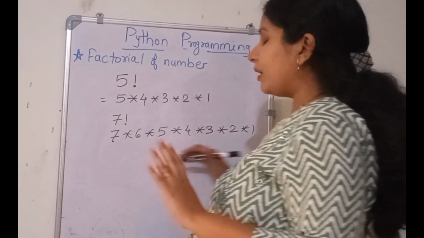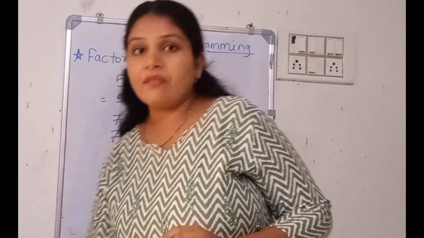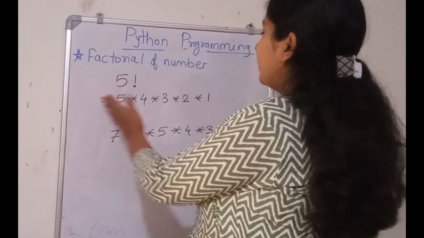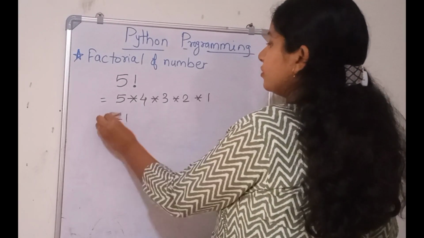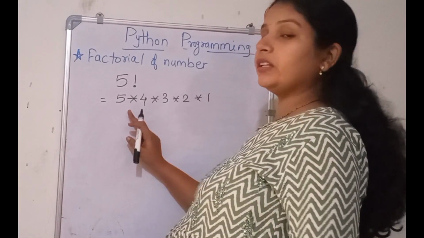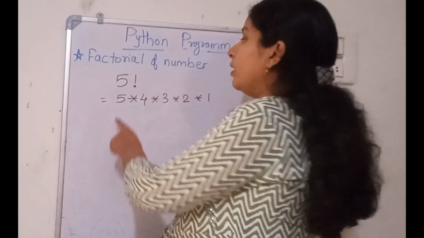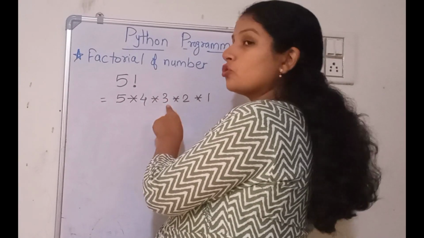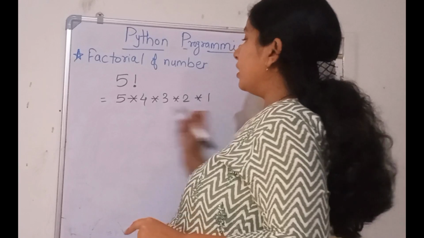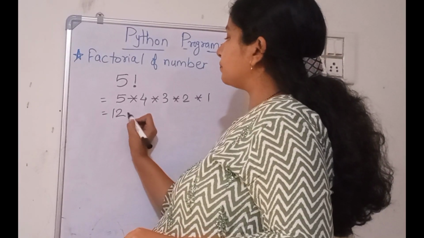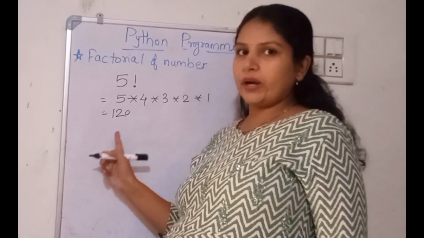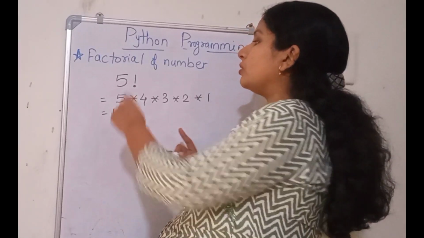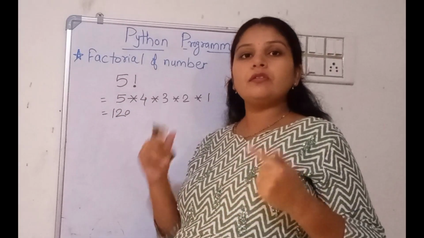You keep decrementing the value by 1, and then you multiply all the values with each other so that you get the result. So when you are calculating the factorial of 5, then 5 into 4 into 3 into 2 into 1 is equal to 120. So factorial of 5 is 120. That's how you calculate the factorial.